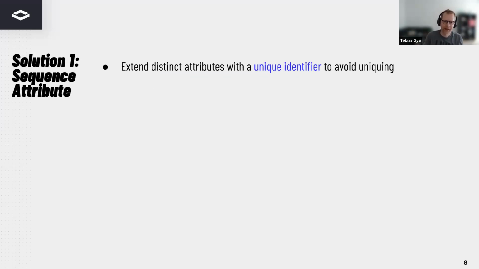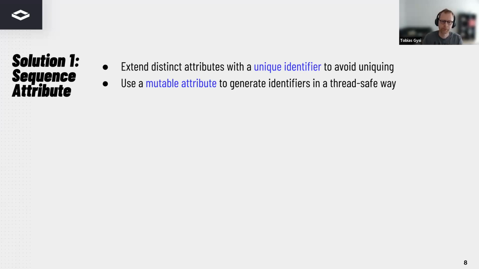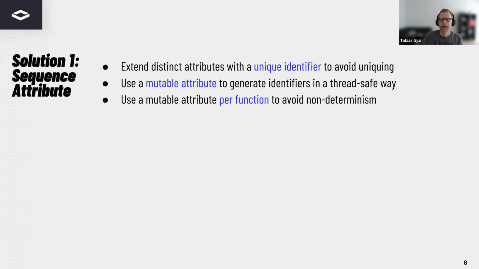Well, we can add a unique identifier to every instance of a new attribute to avoid uniquing. And now the question is, how do we get such identifiers? One way to do that would be a mutable attribute that allows us to generate identifiers in a thread-safe way.